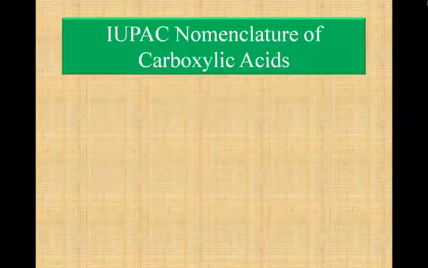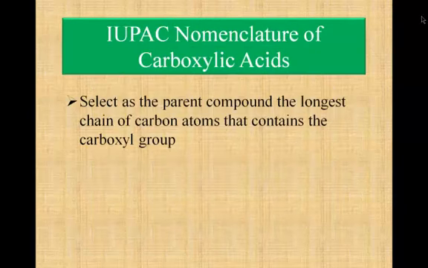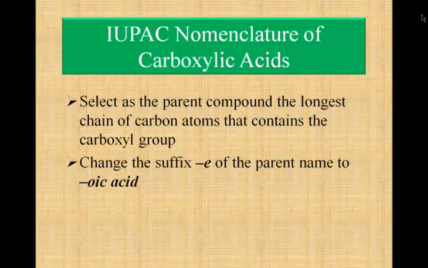Let's look at nomenclature of carboxylic acids. Just like we did in all of the examples we've seen before, you're going to select the parent compound from the longest chain of carbon atoms, and that chain must contain the carboxyl group. You're going to change the suffix "e" of the alkane to "oic," and then add the word acid. A 4-carbon alkane would be butane.